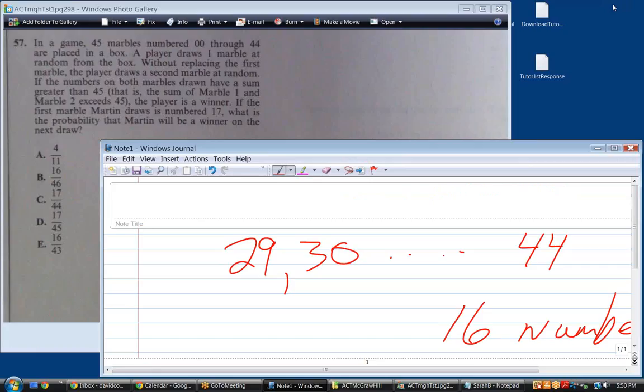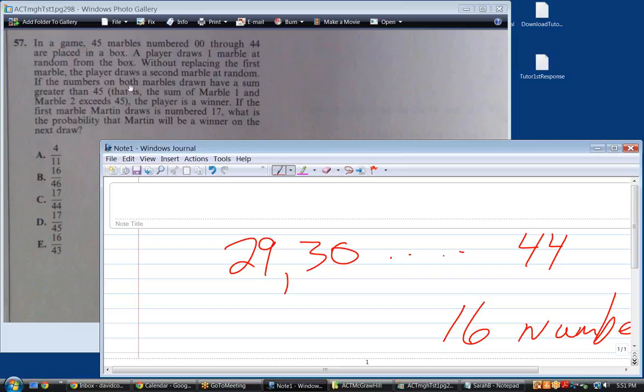Probability is what? It's the number of successes divided by the number of possibilities. Well, there's 16 numbers that he'll be successful with. How many marbles is he drawing from? 44? Yeah. Good, because he didn't replace the first one he drew. He kept it out.